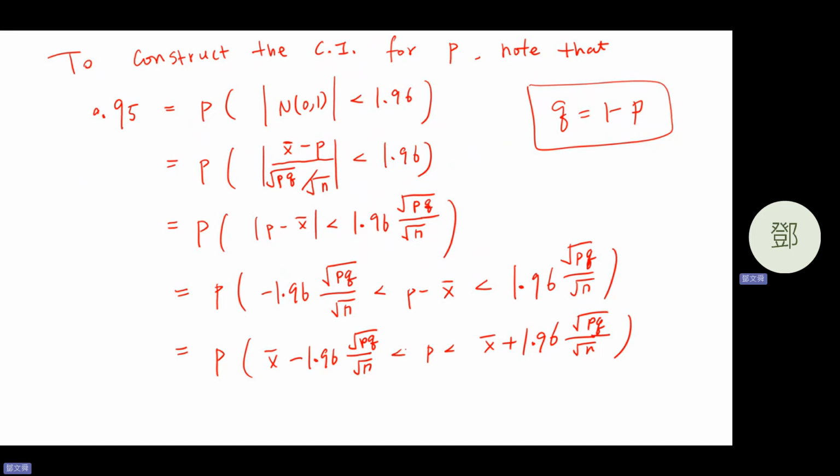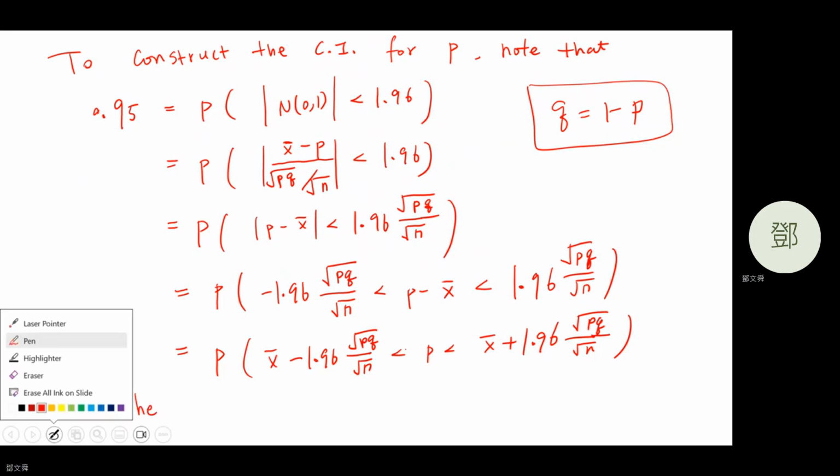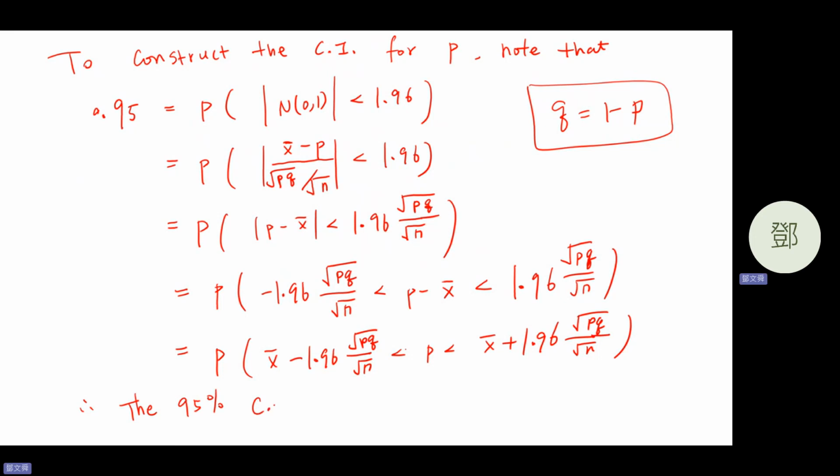So the 95% confidence interval for P is this, and X bar plus 1.96 and so on.